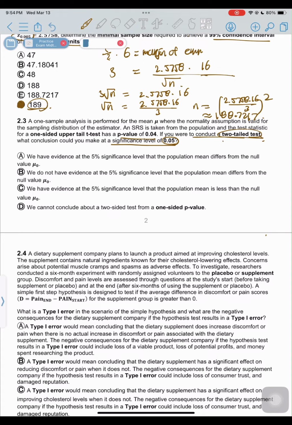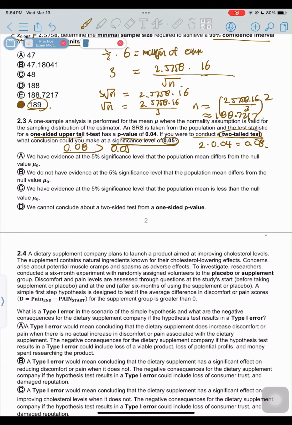So if it's a two-tail test, you multiply the p-value by 2 from the one-sided p-value, which is 0.04. So 2 times 0.04 is 0.08. So the two-tail test p-value is 0.08. And then you compare that value with the significance level, which is making it greater, because 0.08 is greater than 0.05. So that means you cannot reject the null hypothesis.